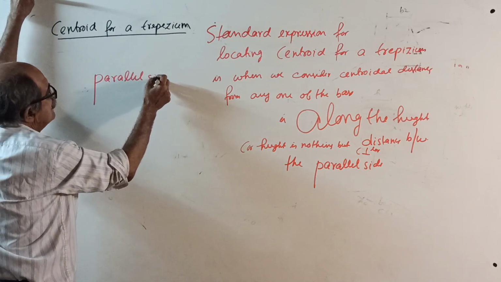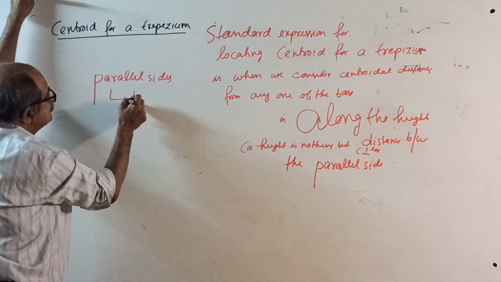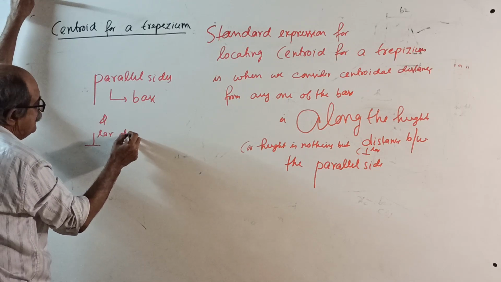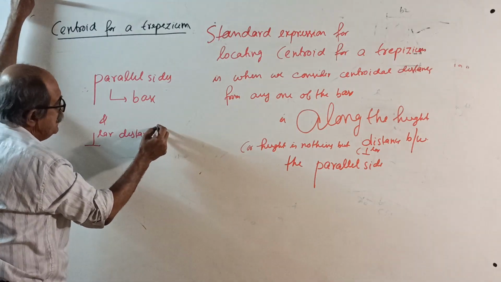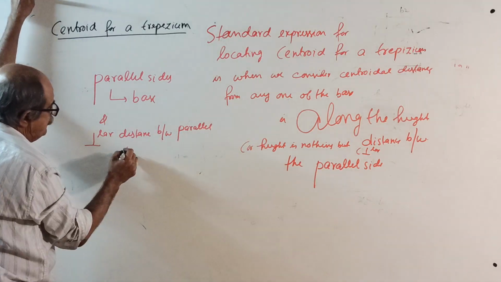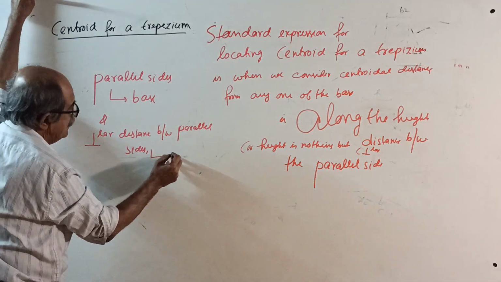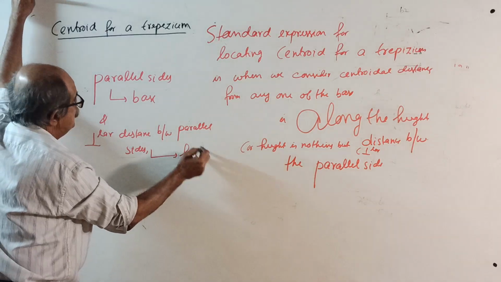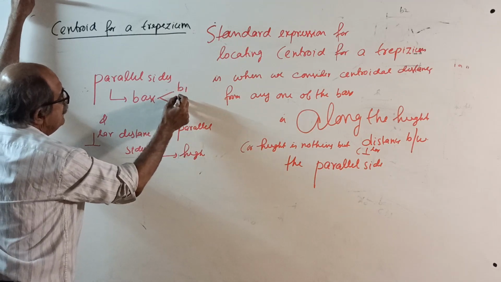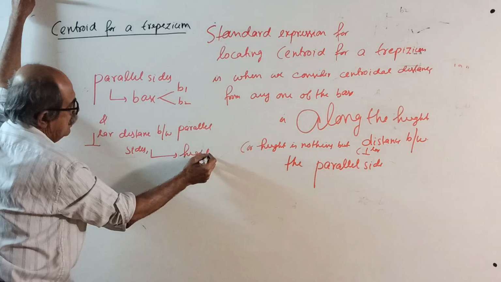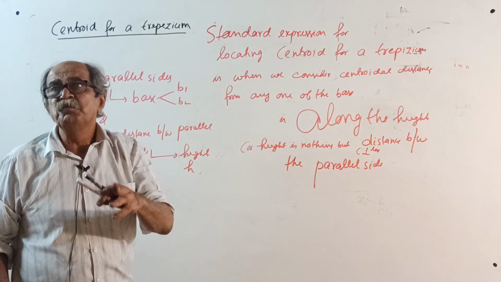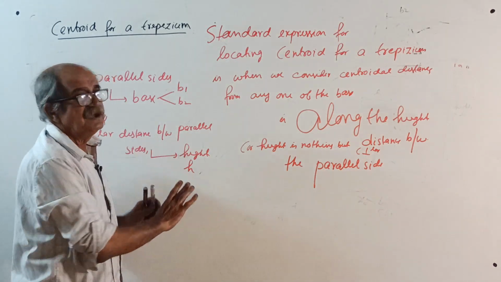Parallel sides we will call bases, and the perpendicular distance between parallel sides we will consider as height. In the standard formula, one of them is B1, the other is B2, and the height we will always take as H here. Later when you go to loading, the symbols will change. Basic approach, remember this way.